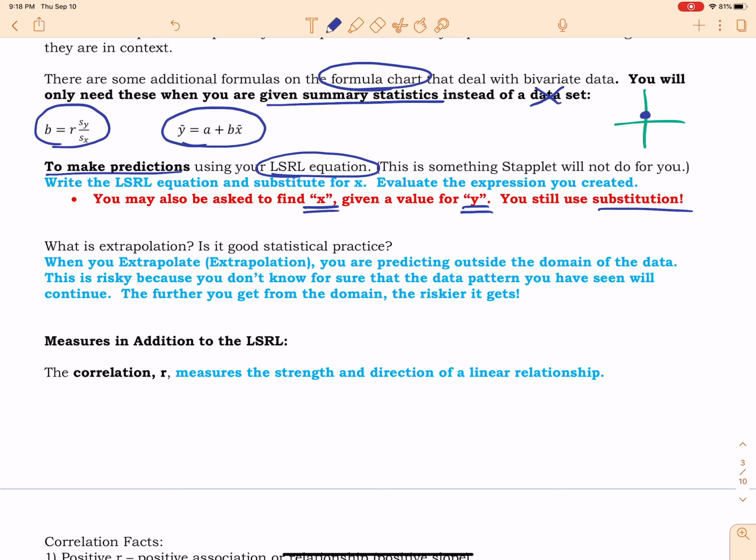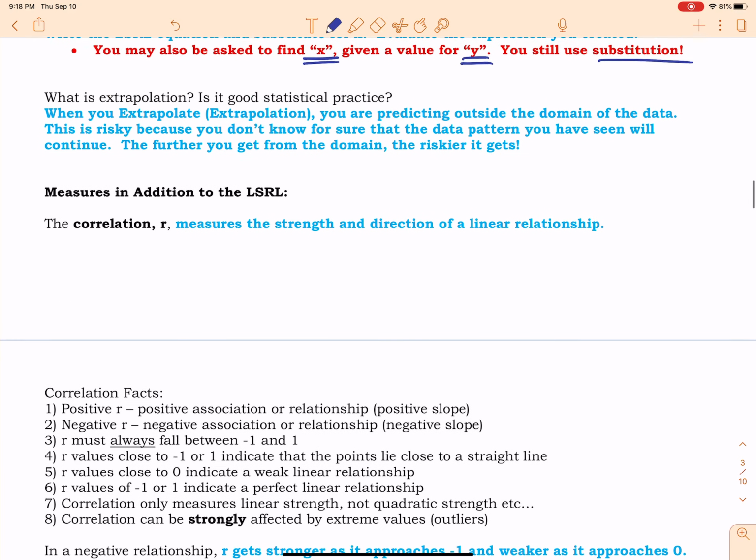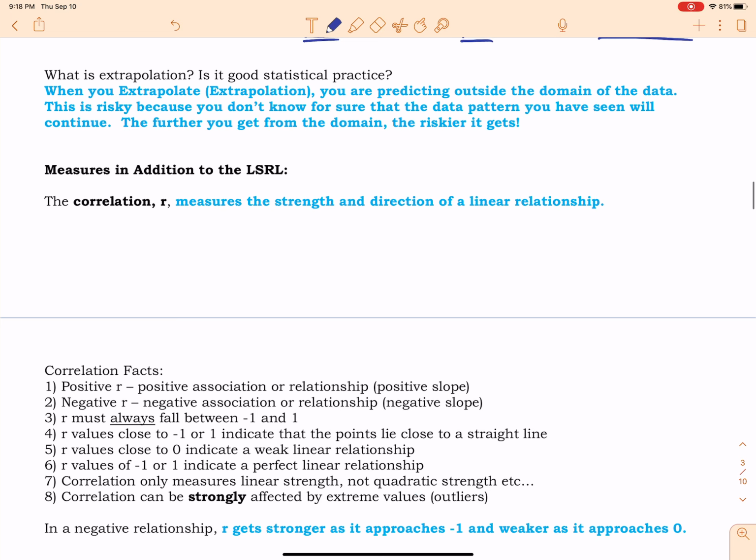All right, so moving forward here through our notes, we need to talk about extrapolation. And is it good statistical practice? Well, it's not good statistical practice because when you extrapolate, that means you're using a linear regression of a finite data set to make predictions too far outside the domain of the data set you're given.